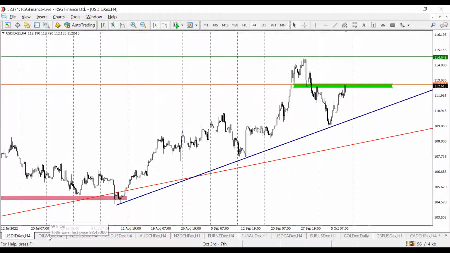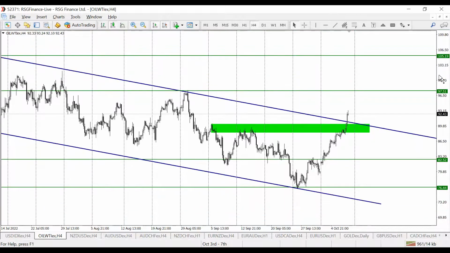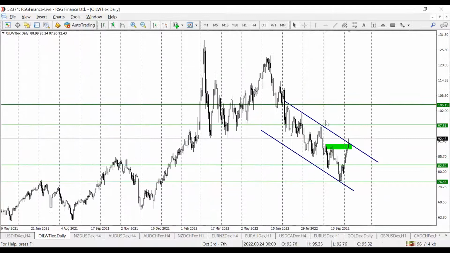On oil, last week I was pretty much looking at oil not breaking this last high, but we see that the news of OPEC Plus cutting production is still very much strong. It impacted the market really strongly, and we see that we're having a breakaway from the channel down pattern.